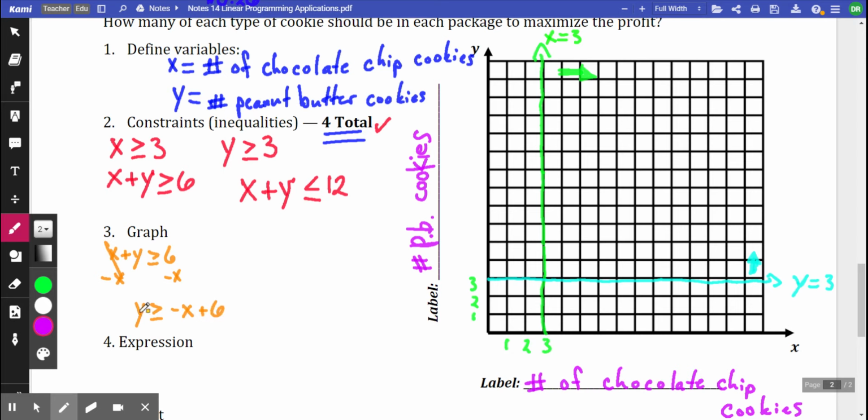Now that it's in slope-intercept form with y by itself, we see we have a slope of negative 1, which we could write in, and we have a y-intercept of 6. So if we count up to 6, there's our y-intercept. Here's our slope of negative 1, which would have us go down 1 unit to the right 1 unit, so a decreasing slope.